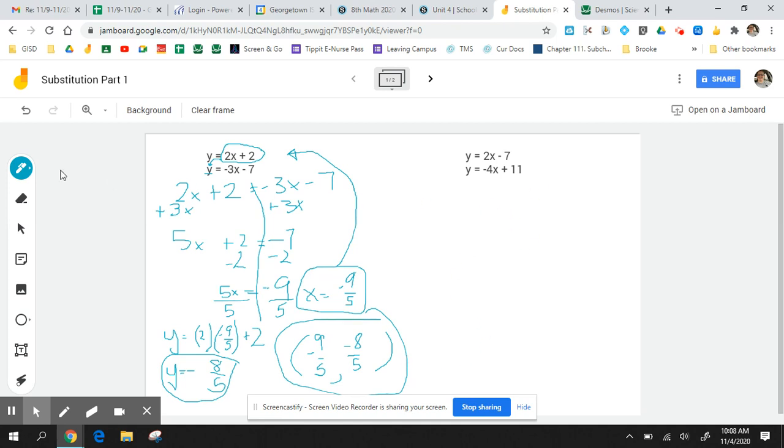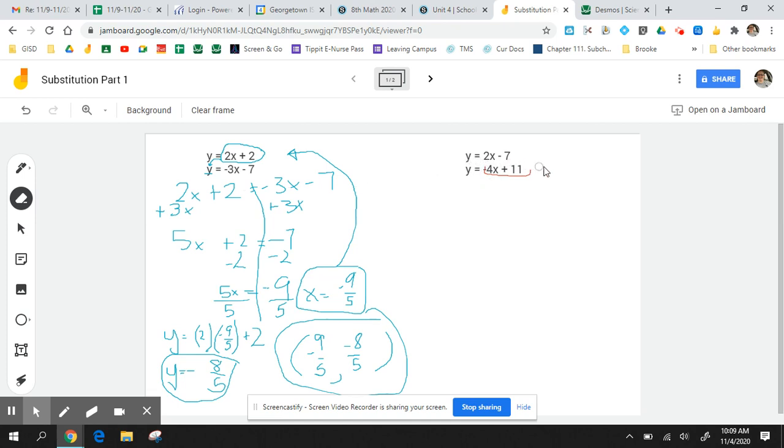So let's look at this next example. I'm going to use a different color. All right, so we're going to do the same thing. I can plug this top equation in for that y value. Now, you might be asking, Miss Smiley, what about the other way you could do it? I can plug this one also in for that top y if I wanted to, okay?